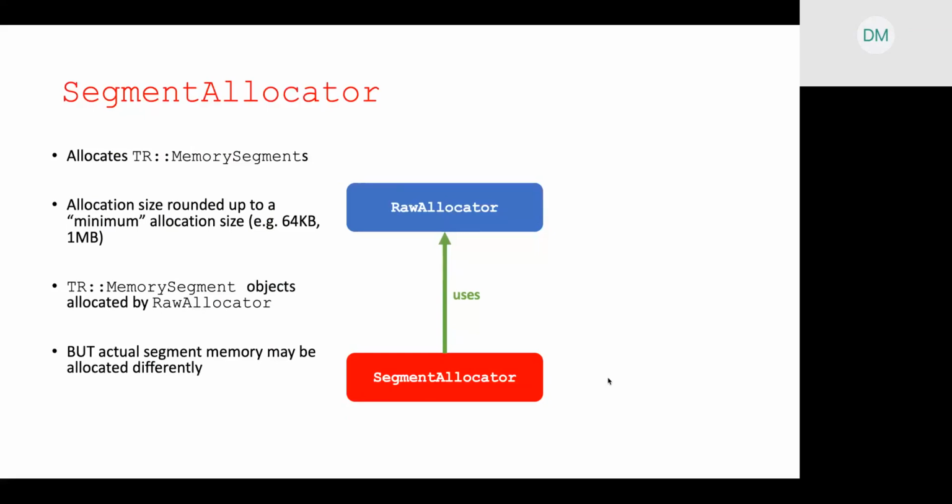The way that works currently is if you're allocating a small, regular sized segment, it will try to provide a segment using the free list of segments that it's already got.